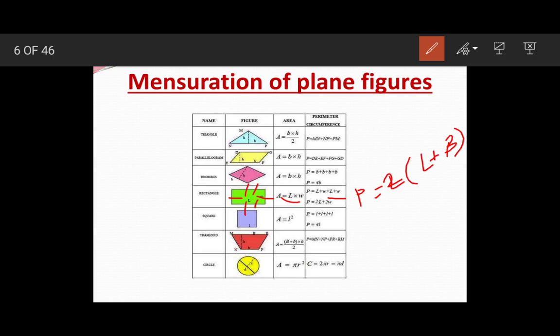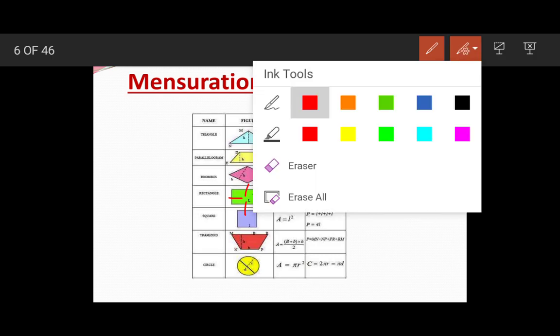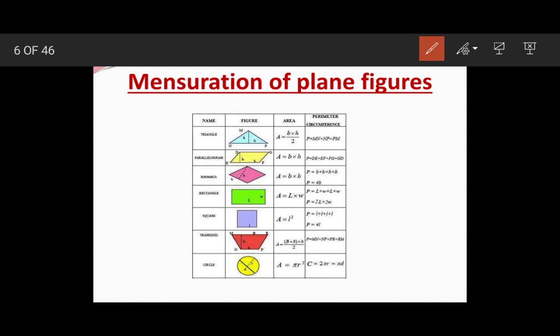That is rectangle. Then next is square. For square, area is side square, and perimeter is again the sum of all 4 sides, that means 4 into side.